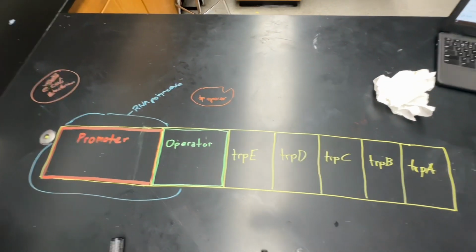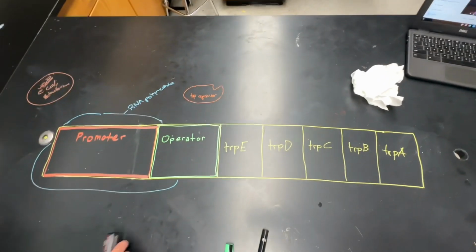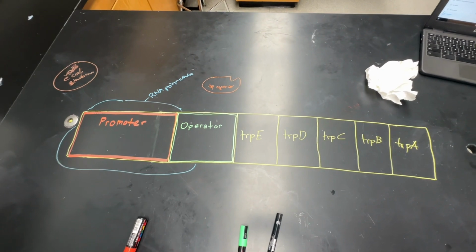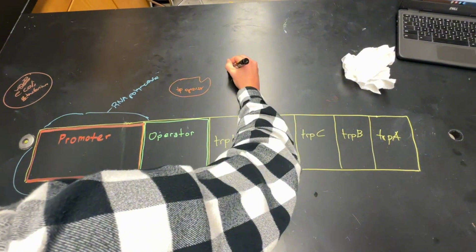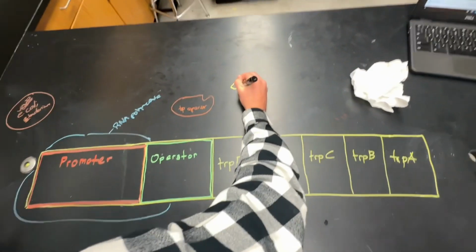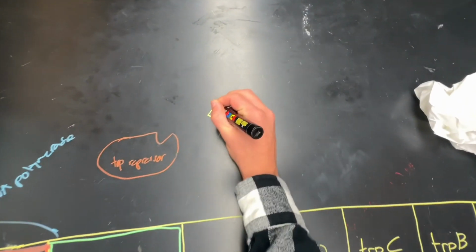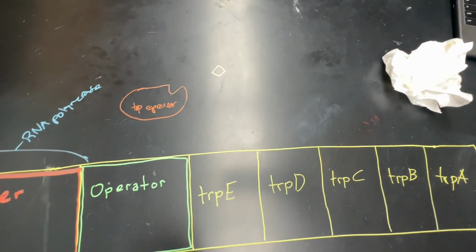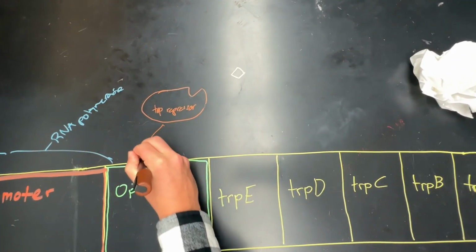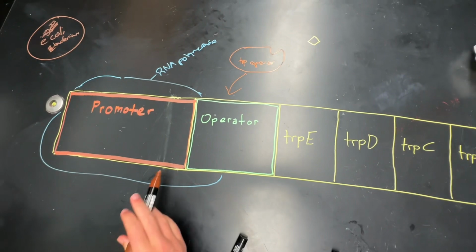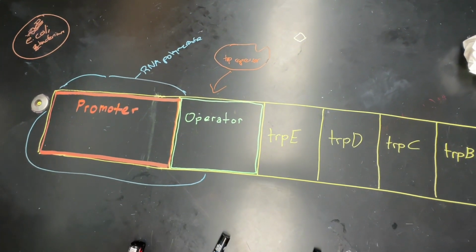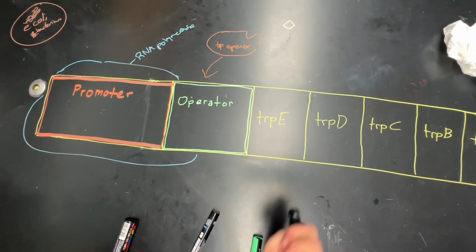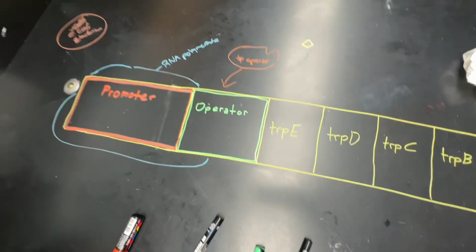And say there's a lot of tryptophan in your environment, it looks like this. This will bind to this Trp repressor, and then this Trp repressor is going to come here and block this RNA polymerase from binding and moving along that line to make the mRNA that codes for those enzymes, so that tryptophan isn't made anymore.